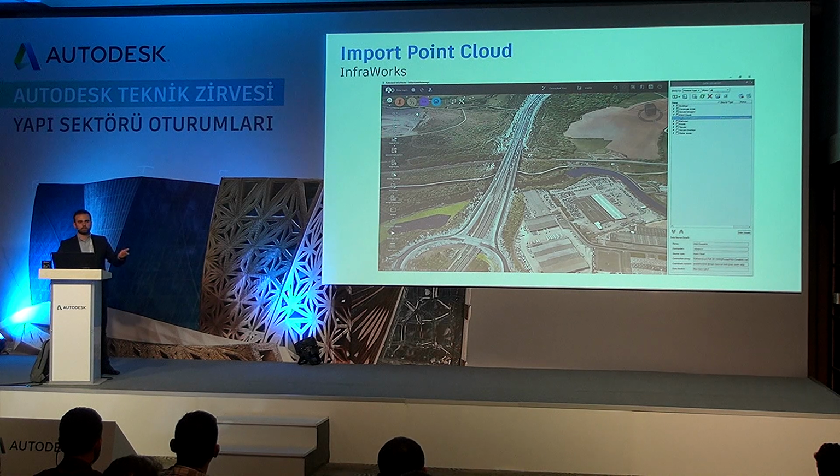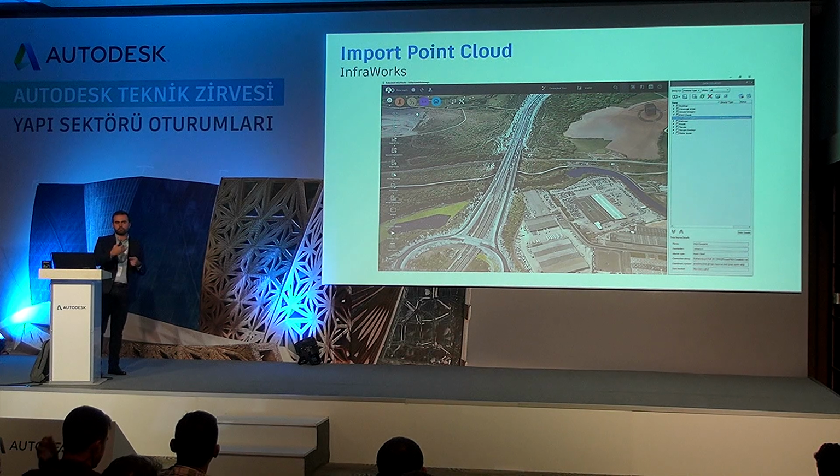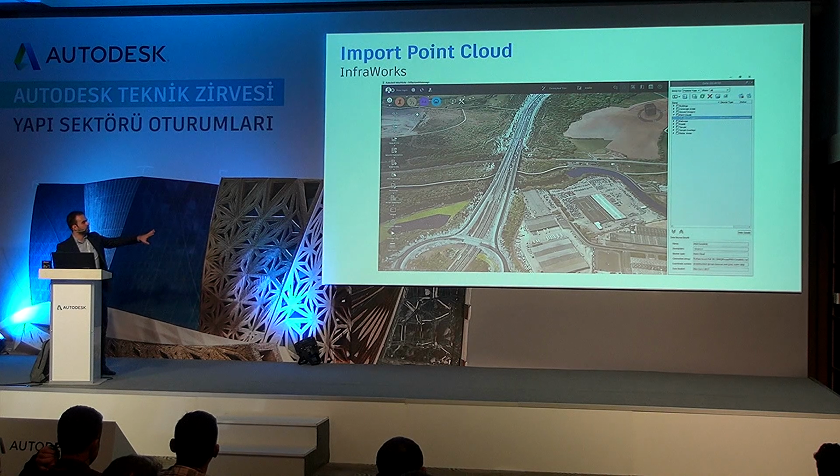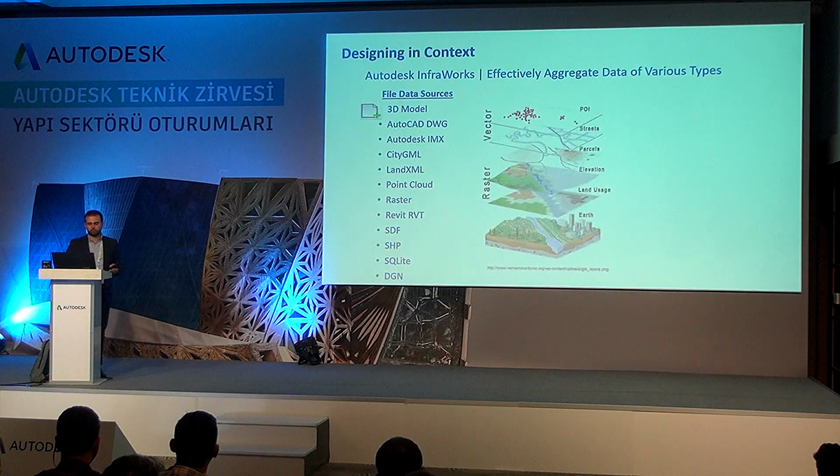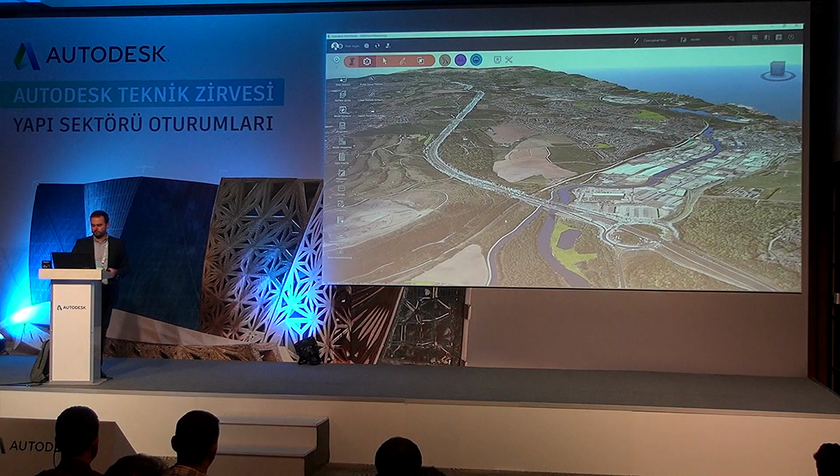But if we do that, it's going to take a lot of time, and we as civil engineers don't need it. That's why, for this purpose, we only brought in the point clouds as X, Y, and Z, and one additional parameter called intensity, which we're going to use later for classification. We don't need high-end visualization of the point cloud. So I covered this, about Model Builder and how InfraWorks can read data.